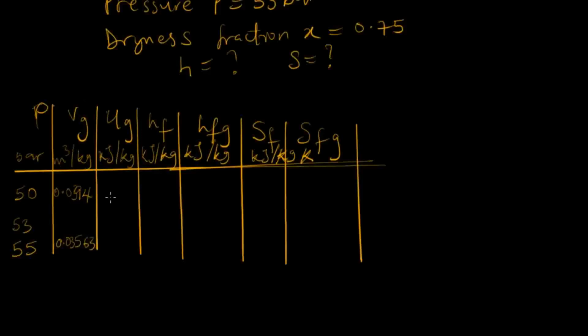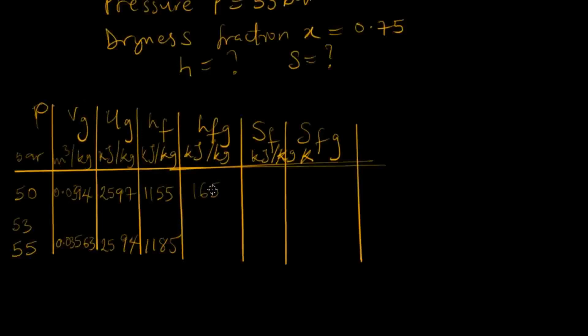Then Ug at 50 is 2597, and at 55 we have 2594. The HF we have 1155, and here 1185. The HFG, we have 1639 at 50 bar.